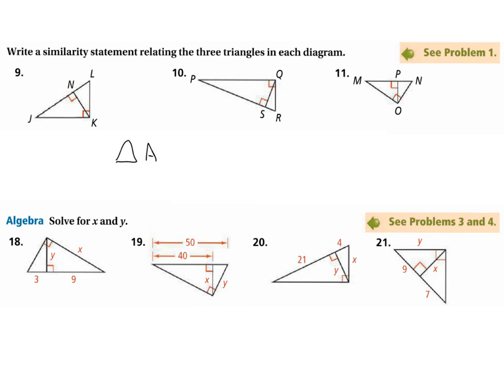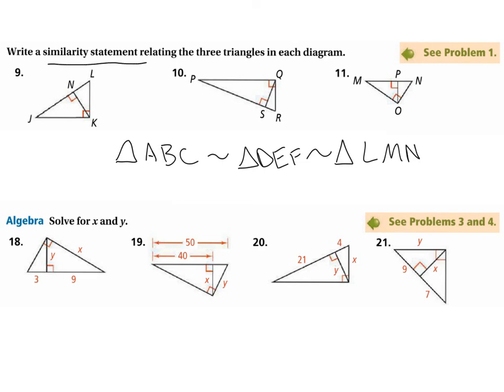Should look like triangle ABC similar to triangle DEF, which is similar to triangle, let's just say LMN. So it's similarity statements relating the 3 triangles in each diagram. So you should have 3 things. It might be helpful for those, though it's not required, to draw out your small, medium, and large triangles.